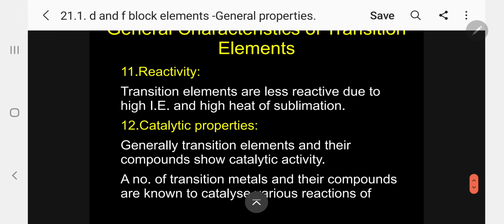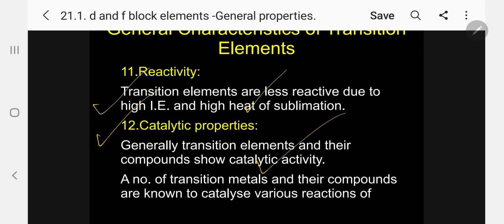Coming to reactivity. Transition elements are less reactive due to high ionization energy and high heat of sublimation. That's why they are generally used as catalysts. Kindly follow. Catalytic properties: transition elements and their compounds generally show catalytic activity.